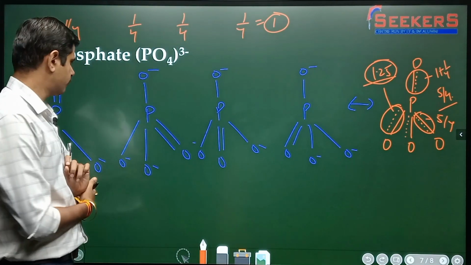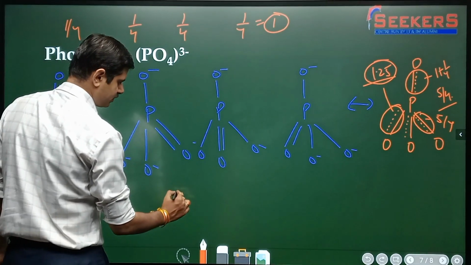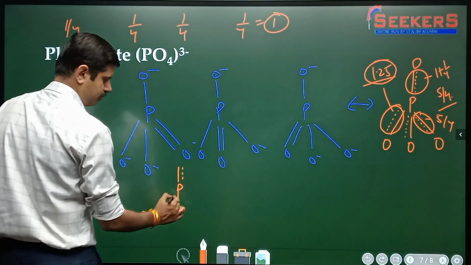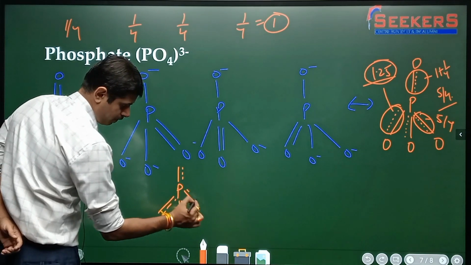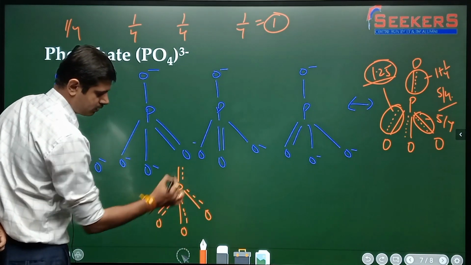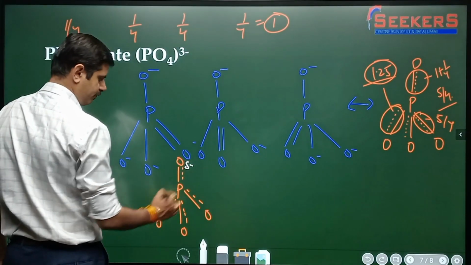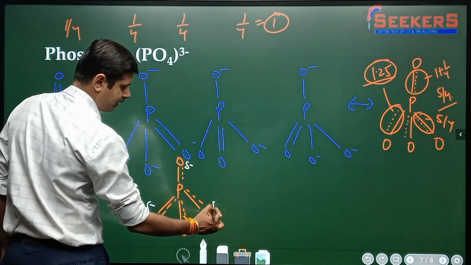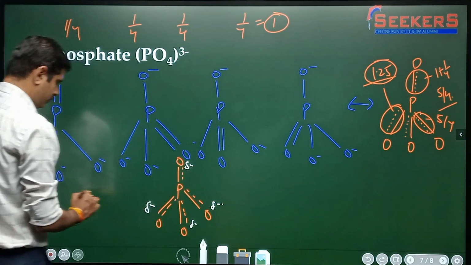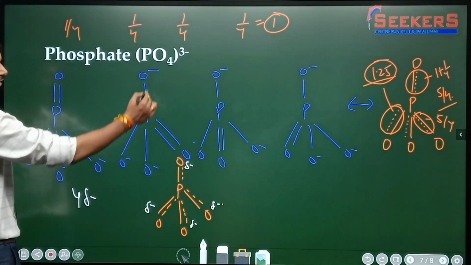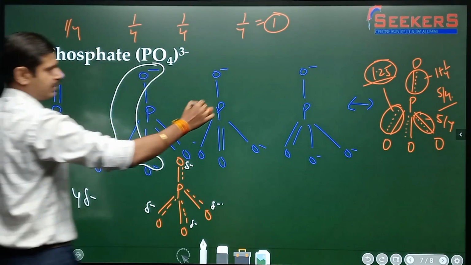Now what happens in the next case? If I draw this structure again, phosphorus with four oxygens, every oxygen will have a del negative charge. How much is the total del negative? We have 4 del negative. And what is the charge overall? It is minus 3.